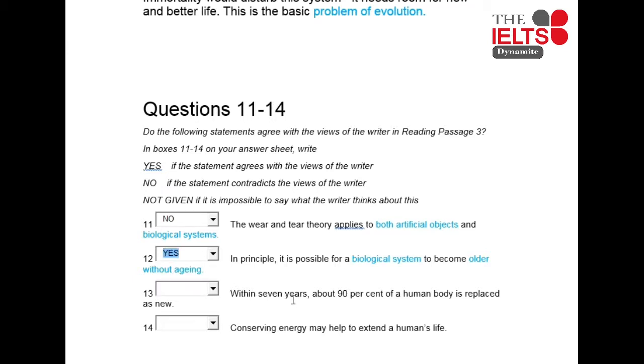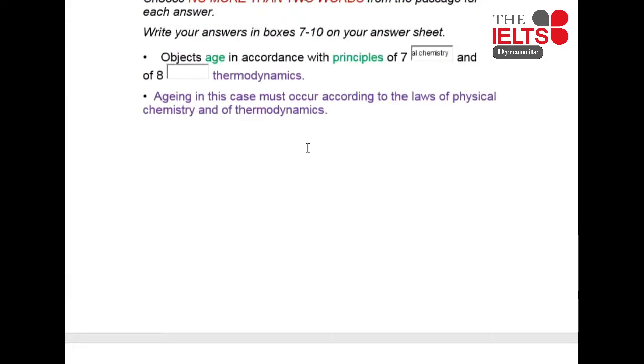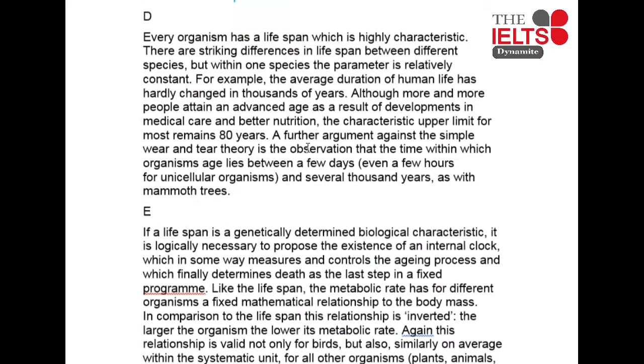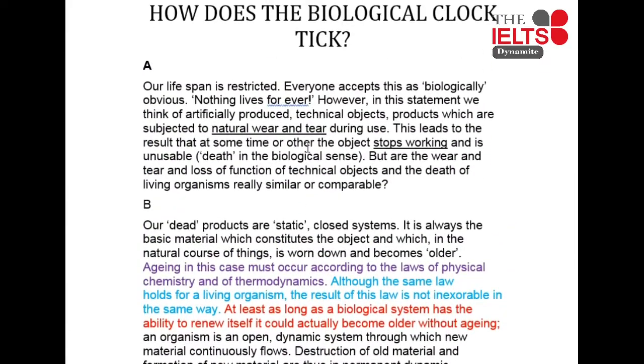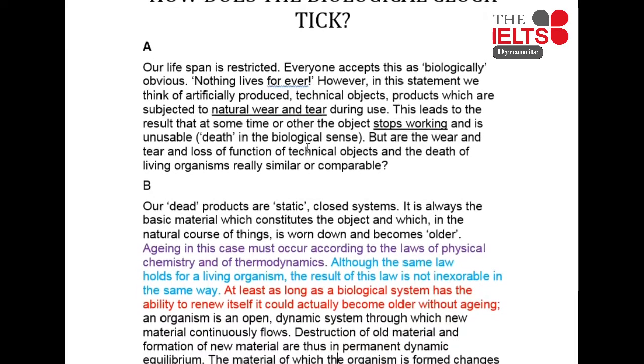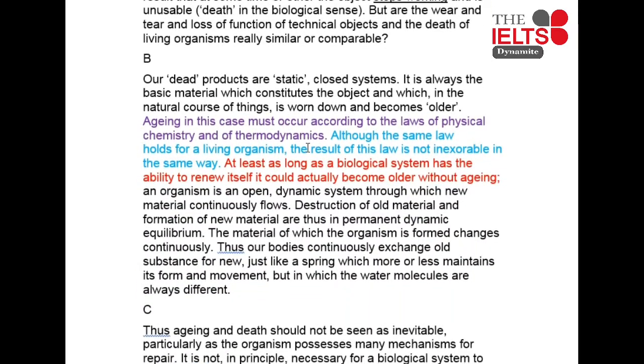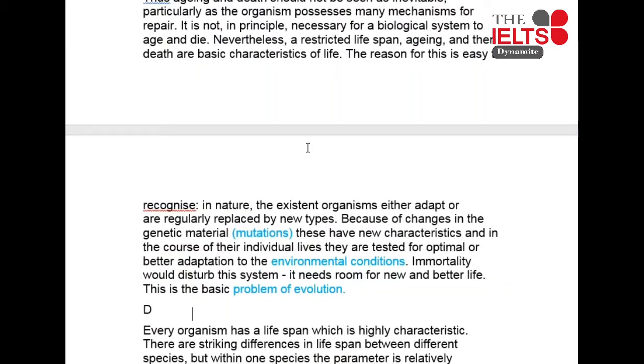Within 7 years, about 90% of a human body is replaced as new. Let's look for this number 90, because this will make it easy. Do I have anything here to mention 90% in the passage? First paragraph is not here. Second paragraph, no digits at all.